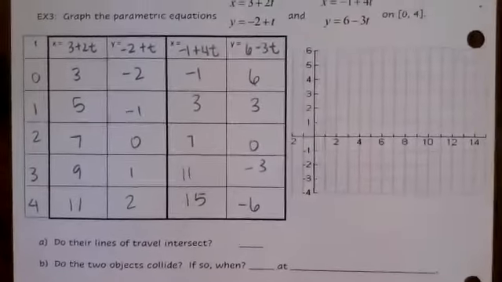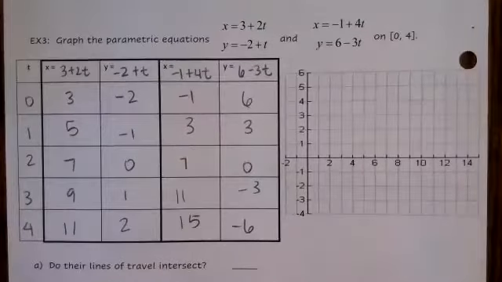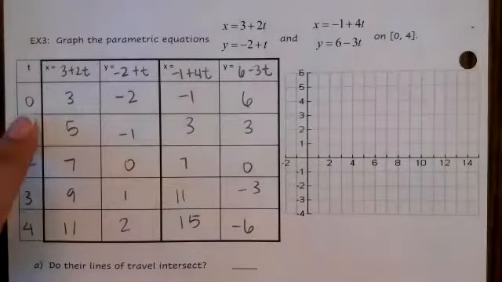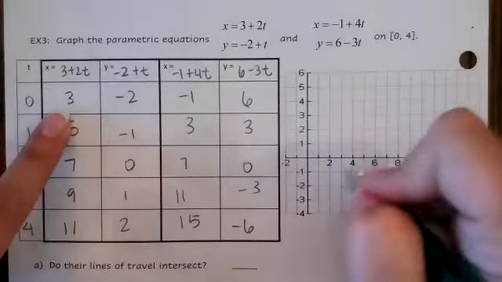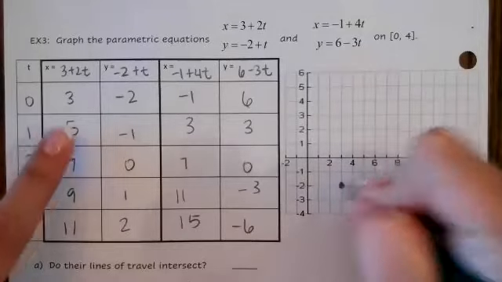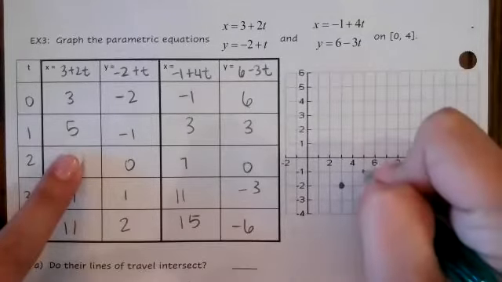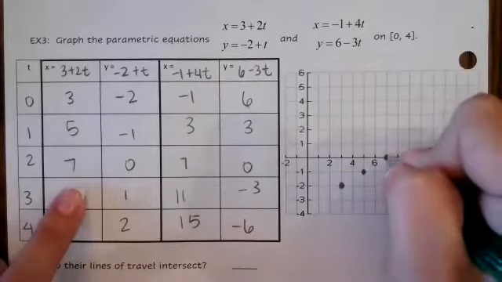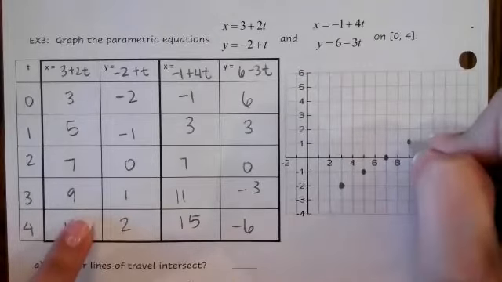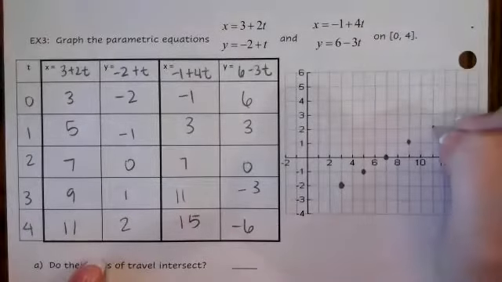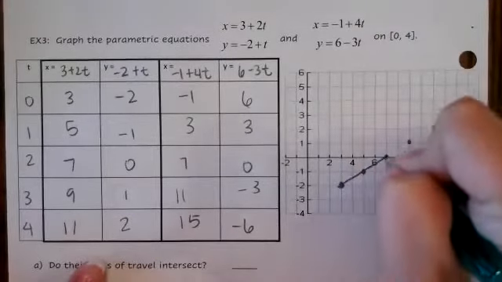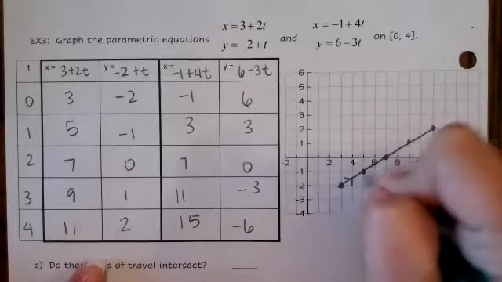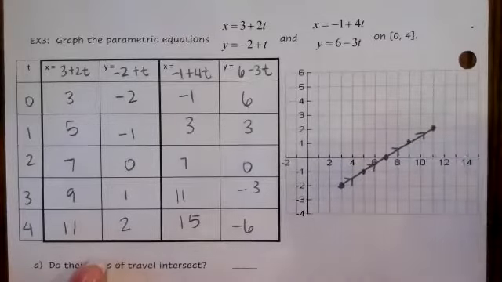All right, now we're ready to graph our two lines here. I always start where t is 0, and so that is at 3, -2. And then I go to 5, -1, 7, 0, 9, 1, and 11, 2. This one is moving in this direction, so I'm going to have my arrows pointing there.